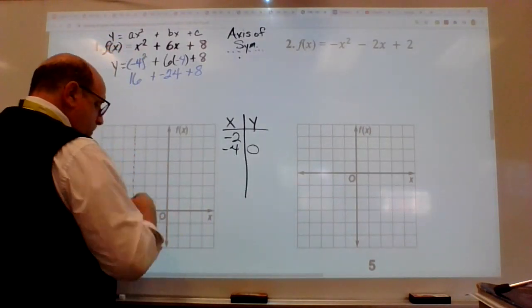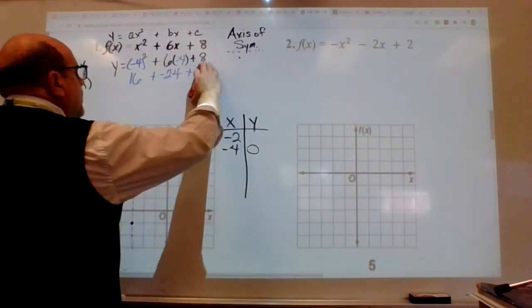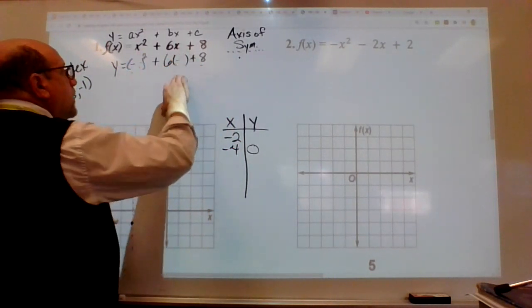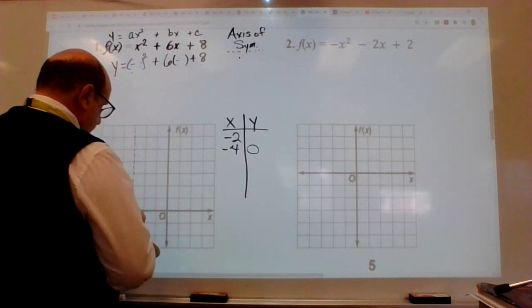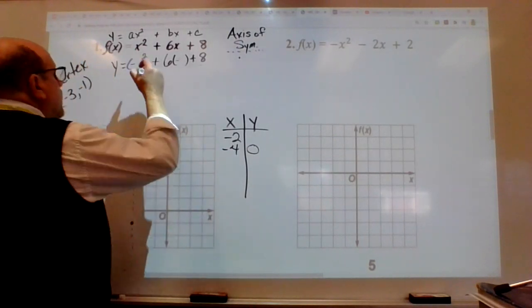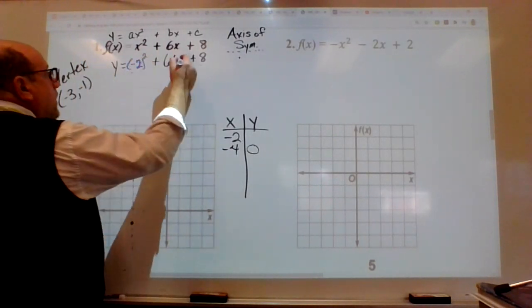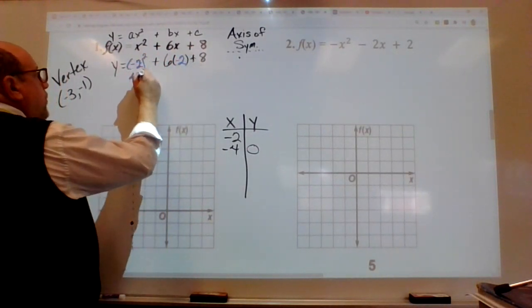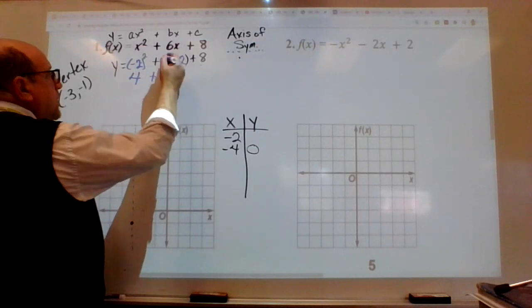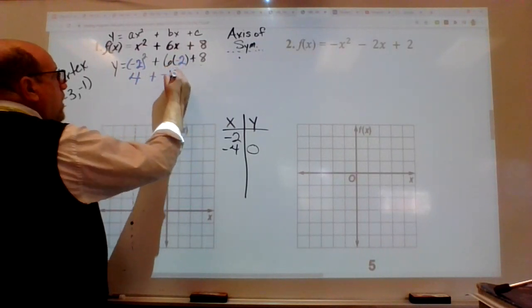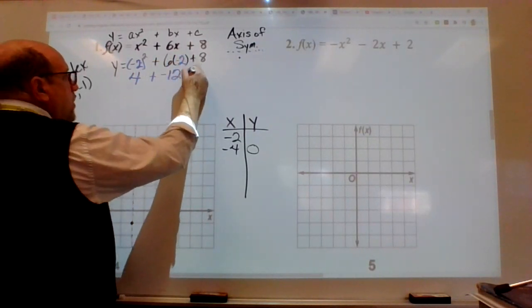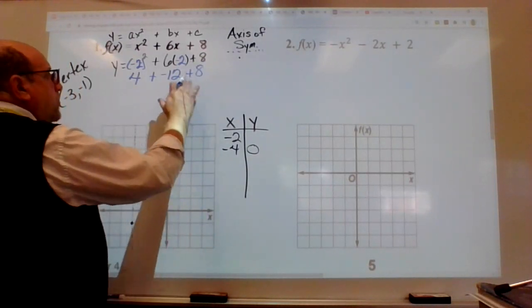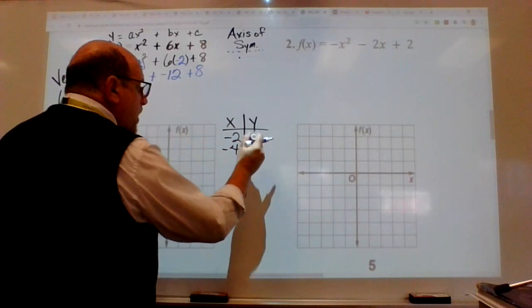And now I'm going to erase real fast and do the same thing with -2. There's my -2. -2 squared is 4, plus -12, that's -6 times -2, plus 8. 4 and 8 are 12, minus 12. Hey, guess what? We have another 0.